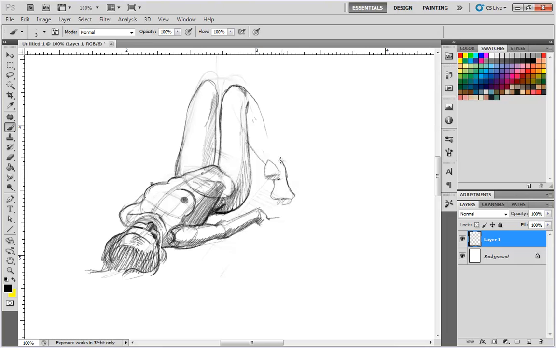Ankle. Now I'd get rid of that side altogether. Anyway, so you get the idea here.